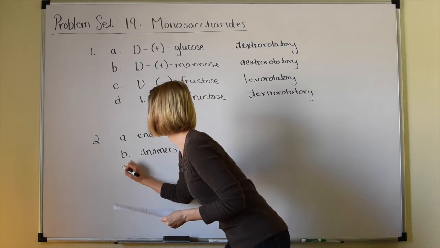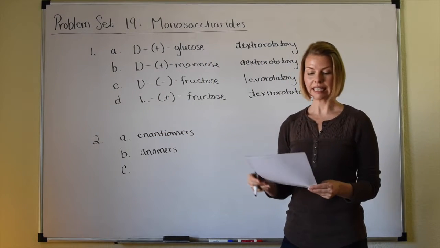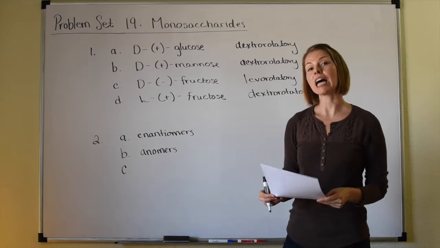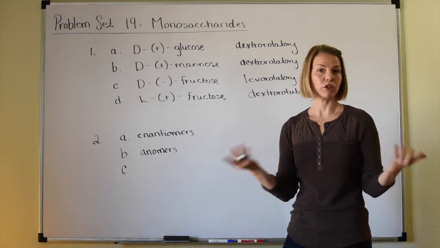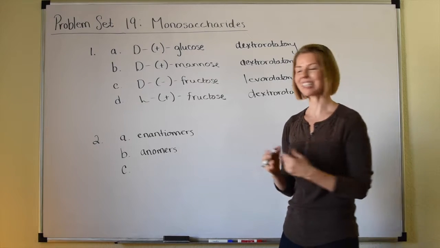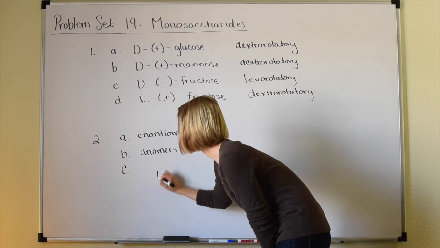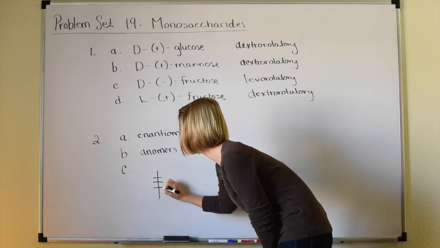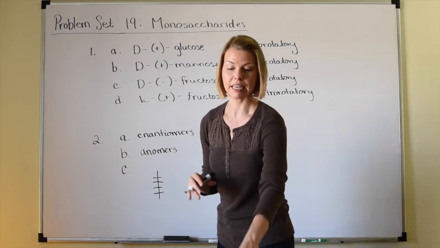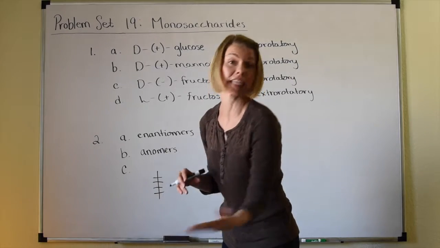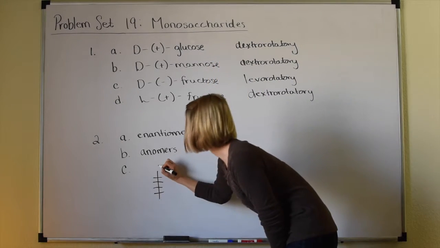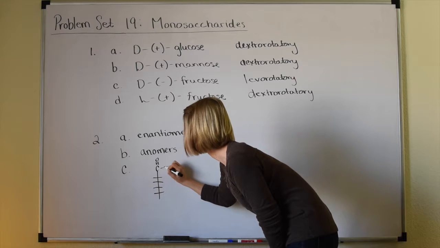C, D-glucose and D-galactose. You may not know these structures, and your instructor may or may not want you to memorize how to draw these structures. So go ahead and take a moment to look back in the tutorial notes if you have them handy. I have already drawn them on slide 2, so you can look those up. I'm going to go ahead and draw them on the board as well.